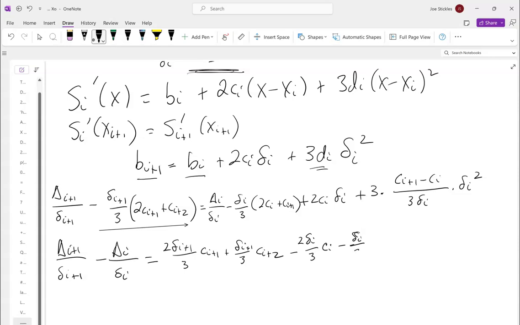Delta I over 3 C sub I plus 1. 2 C sub I delta sub I. In the last term, notice that the delta sub I in the denominator will cancel and the 3's will cancel. So we're left with a plus C sub I plus 1 delta sub I and a minus C sub I delta sub I.